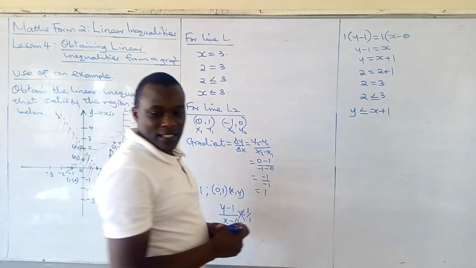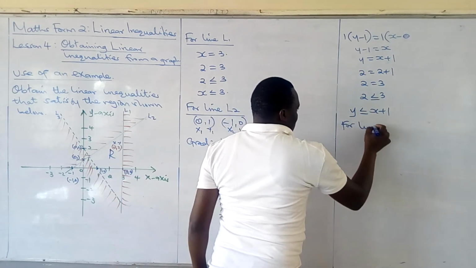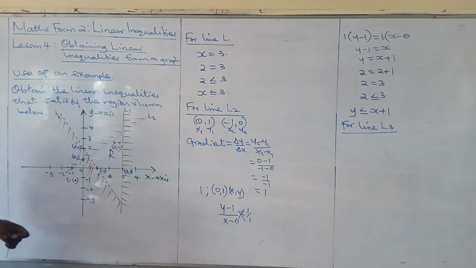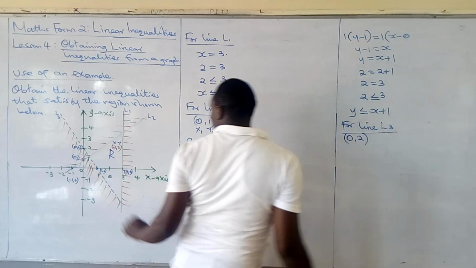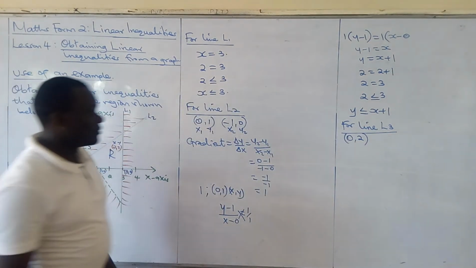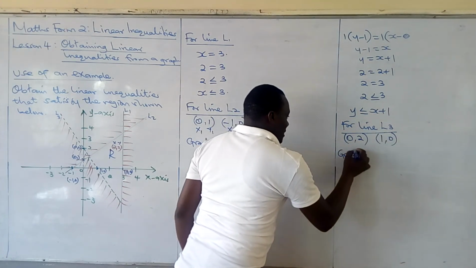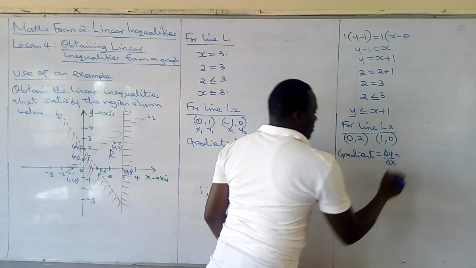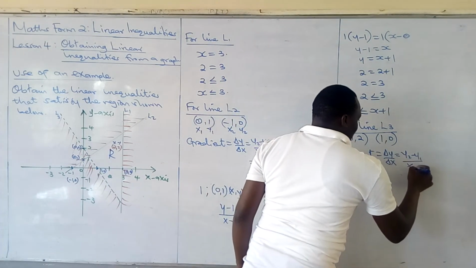Let's look at the last line, which is line 3. For line L3, we will identify the points through which the line is passing. The first one is 0, 2. That's our first point. Another given point is 1, 0. Then we find the gradient. Change in y over change in x is what gives us the gradient, which means y2 minus y1 over x2 minus x1.